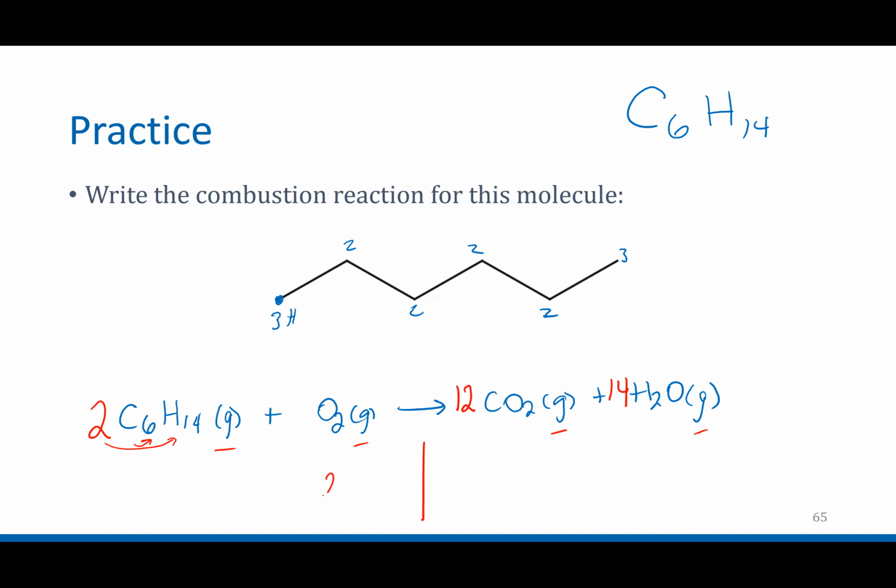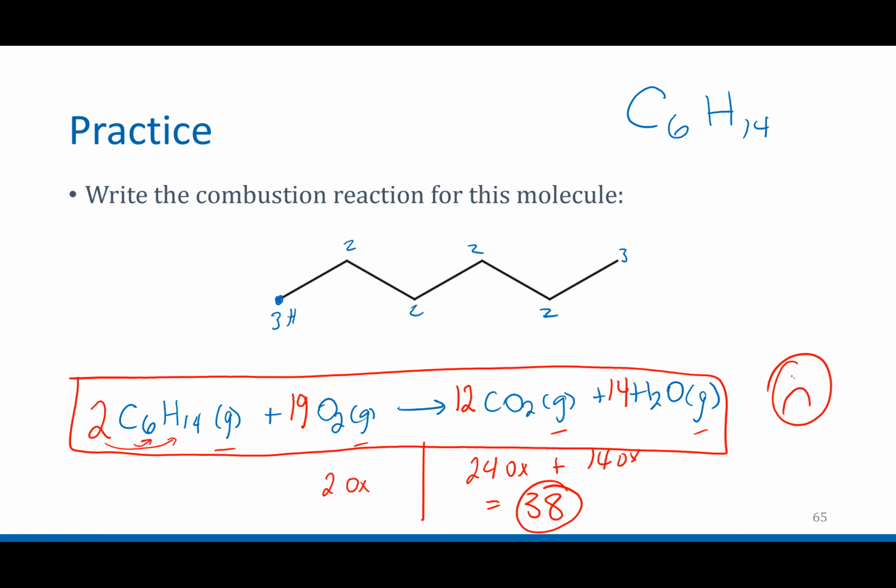So here I still have 2 oxygens, but over here I have 24 oxygens and another 14 oxygens. So I have 38. Woo, that looks crazy. But now I should be able to figure out a number times 2 would give me 38. And the answer to that is what? 19. Whew.